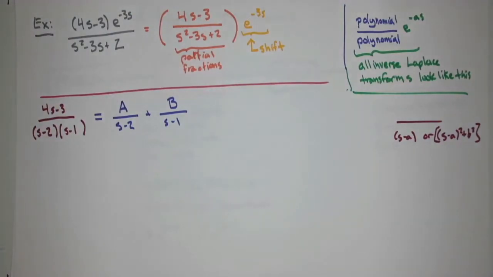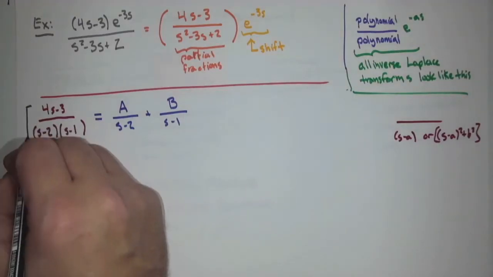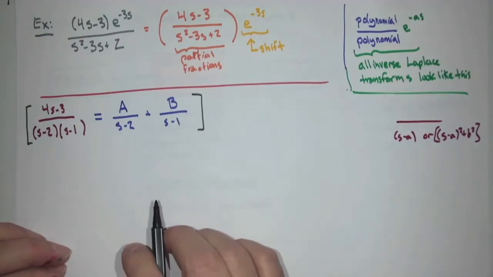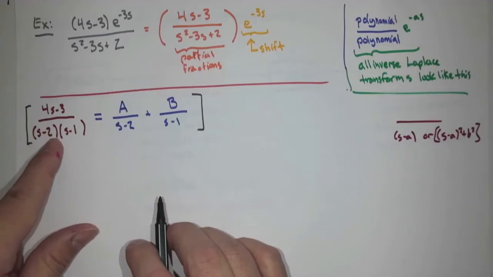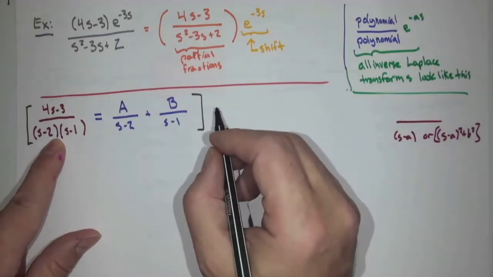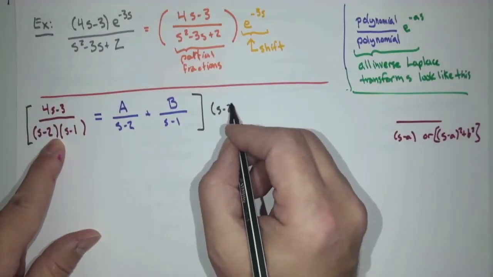All right. Clear out the denominators. How do we do that? Multiply by what? Look at the denominator of your original expression. That's what you use to clear things out.